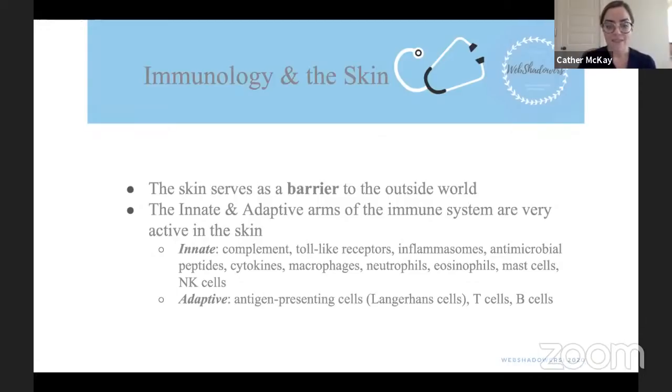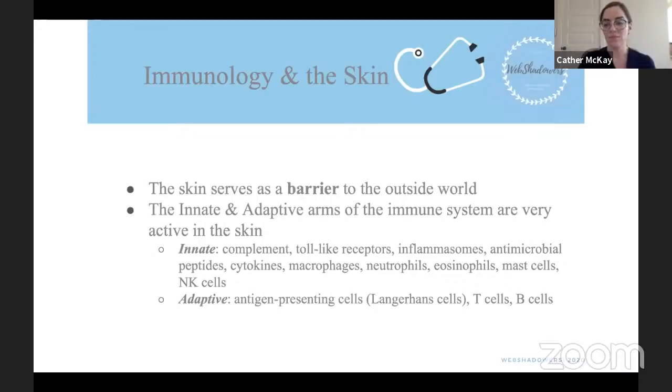And then you also have the adaptive system, which is more of a memory forming system, where the antigen presenting cells in the skin are called Langerhans cells. Those are in the epidermis, sampling different things that it finds, and then reporting back to T cells and B cells, both in the skin and in the lymph nodes, to trigger an immune cascade and pathway.